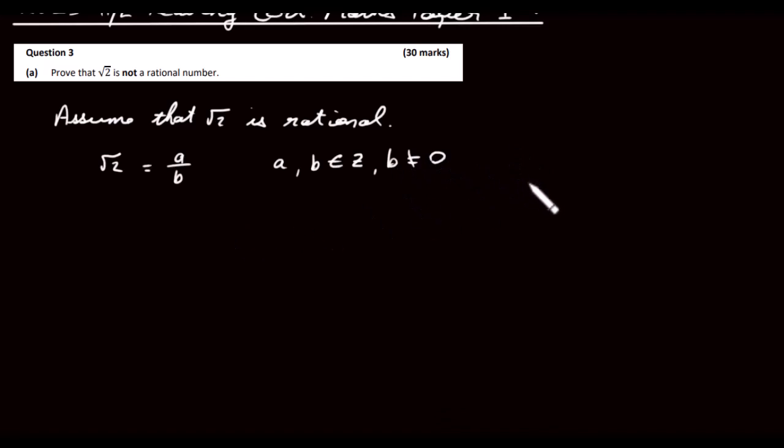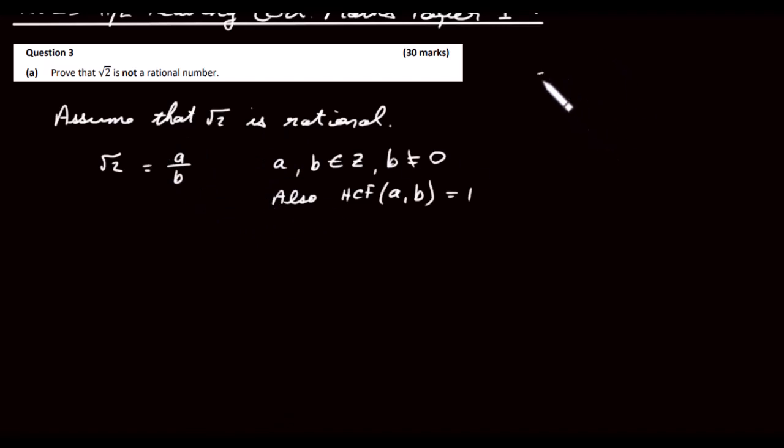Also, we have to say here that the highest common factor of a and b is 1. In other words, the fraction a over b is written in its simplest form.